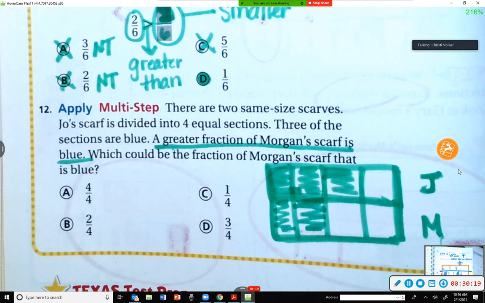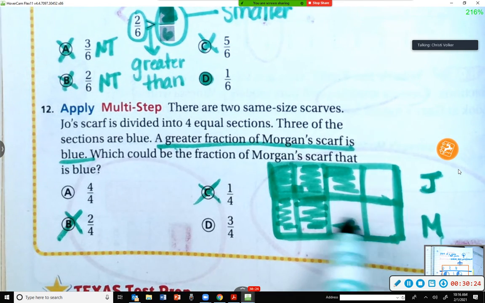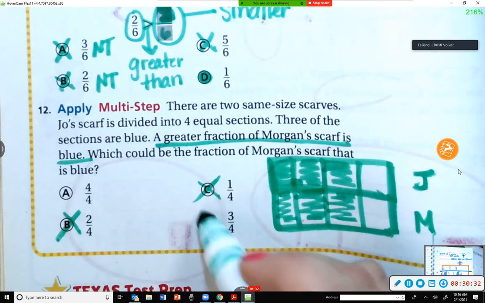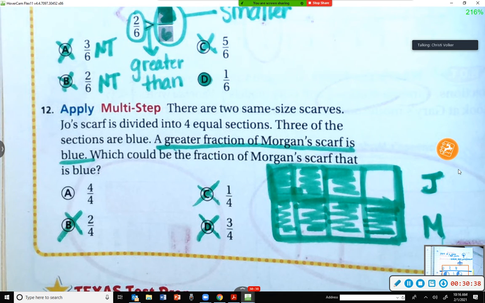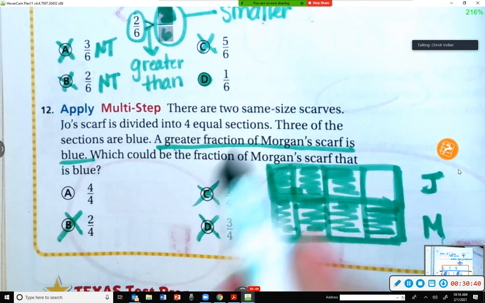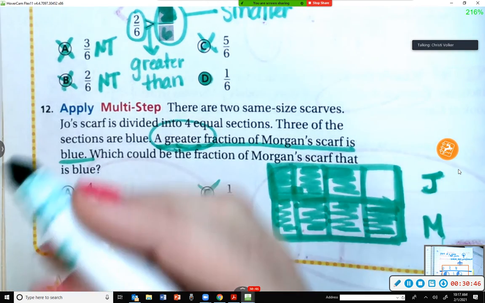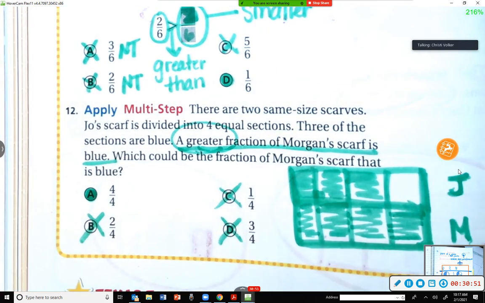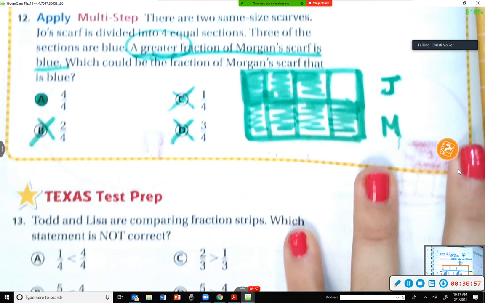Is that greater? Okay, I'm canceling those out too. 3/4. Is that greater? It's not greater. It's equal. So it can't be 3/4. If I shade in all of it, which is how much? 4/4. Is that greater? Yes. Greater fraction is what they were looking for. The only one that was greater was A, 4/4. Did it help to draw a picture? Yes. So draw a picture when you get stuck, okay?